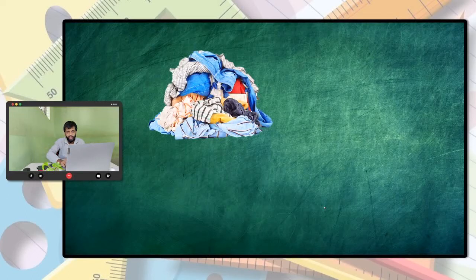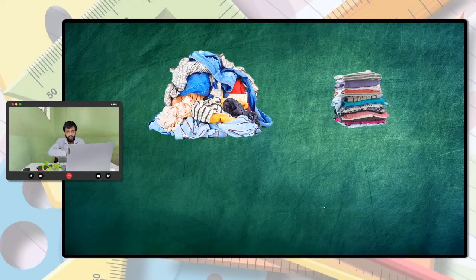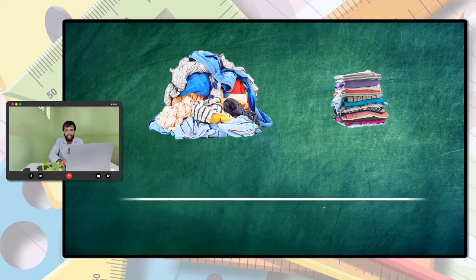So that's why we keep clothes folded, so that it becomes easy to pick the one you want. Same way, with numbers, it is better to organize them properly, and the way to organize numbers is by putting them on a number line.